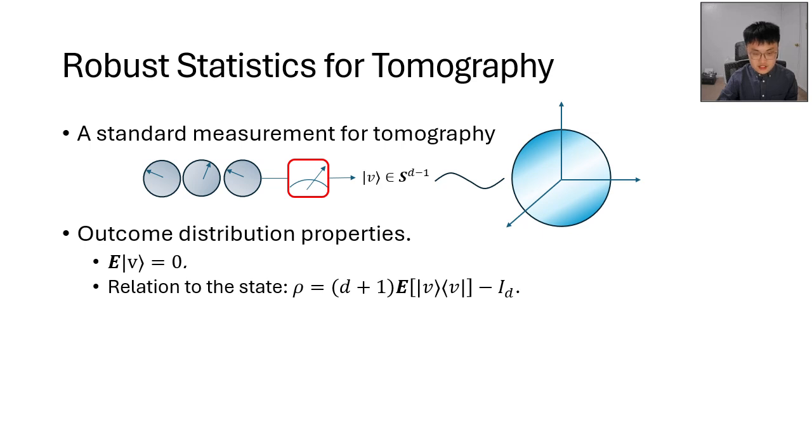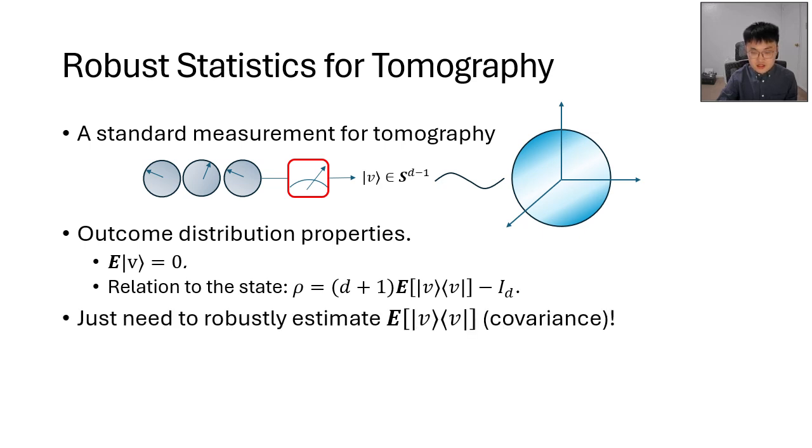Essentially, the unknown state can be written as the expectation of the projection matrix. A standard non-robust algorithm would simply estimate this mean using the empirical estimate. To make it robust, we just need to find a way to robustly estimate this mean. Equivalently, this can also be viewed as the covariance matrix of this outcome vector.